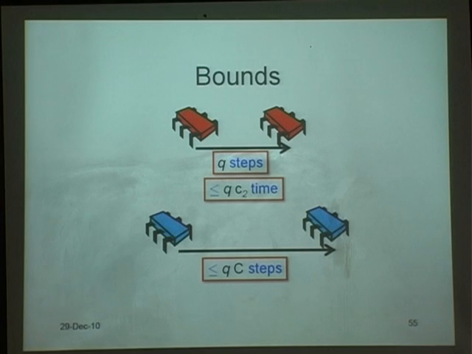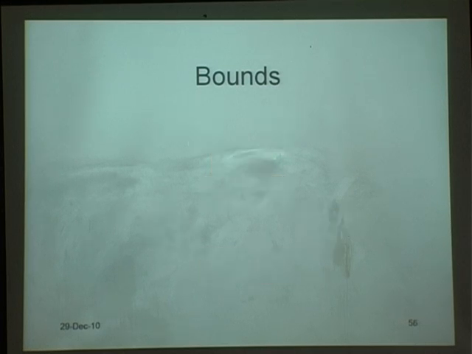So if I take q times big C steps, then I know that another process must have taken q steps. The only way I have of making sure that someone else has taken a certain number of steps is by taking C times that many steps myself.